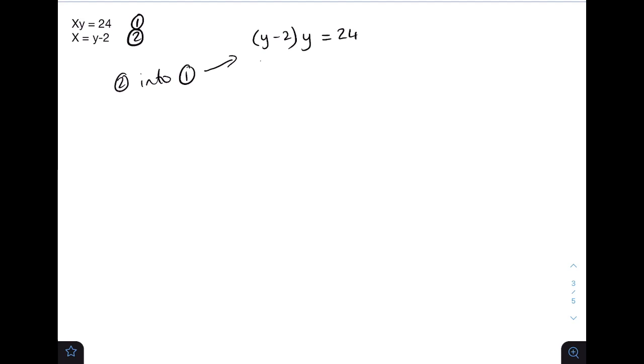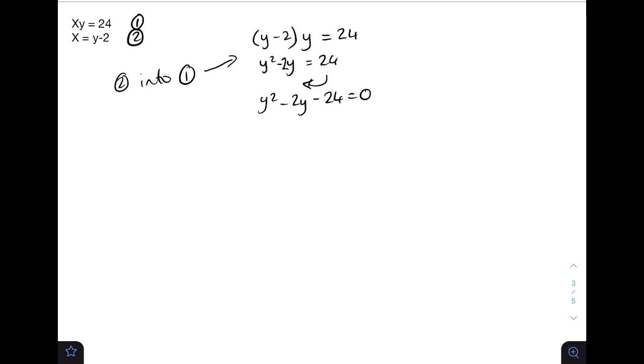I'm just going to expand that out. So that's y squared minus 2y equals 24. If we bring this 24 over to the left, so we're equal to 0, we can work out this quadratic equation. y squared minus 2y minus 24 equal to 0.